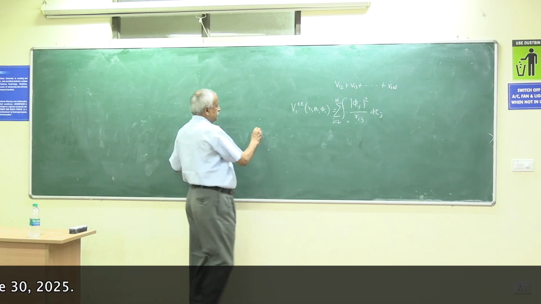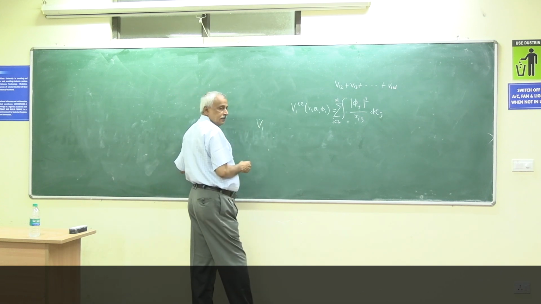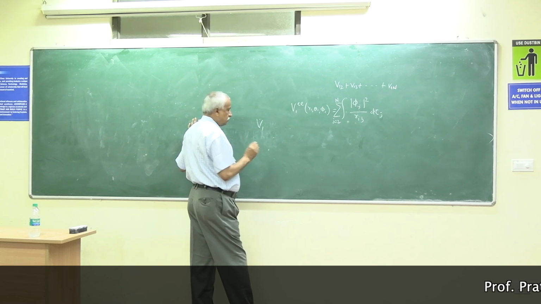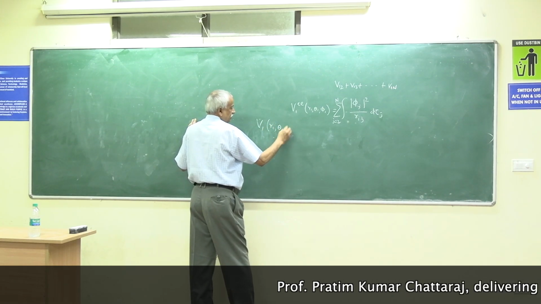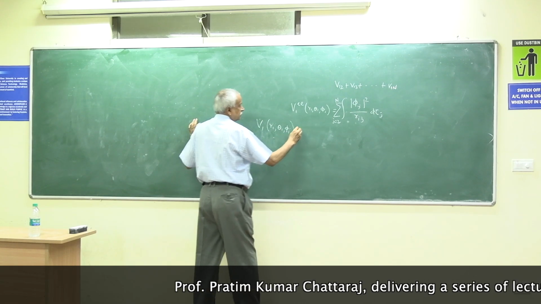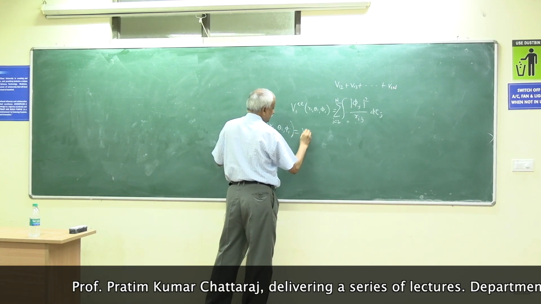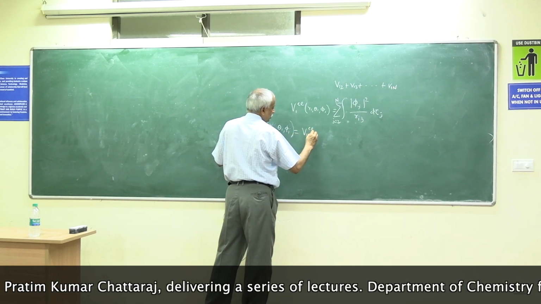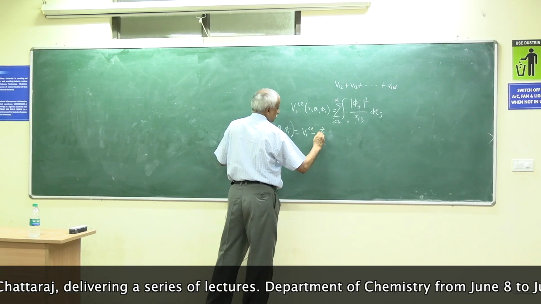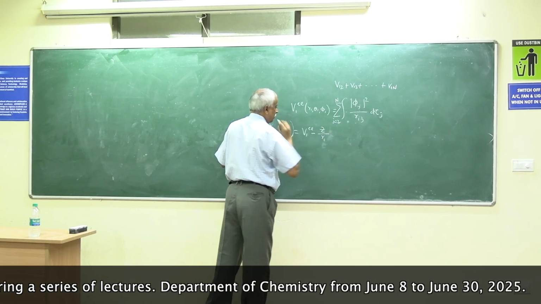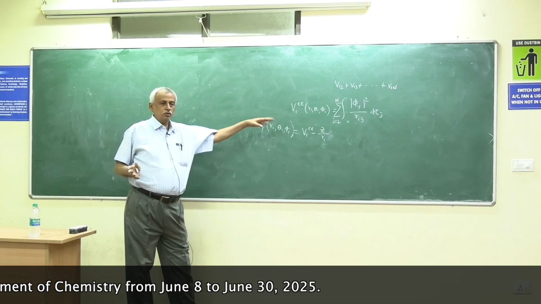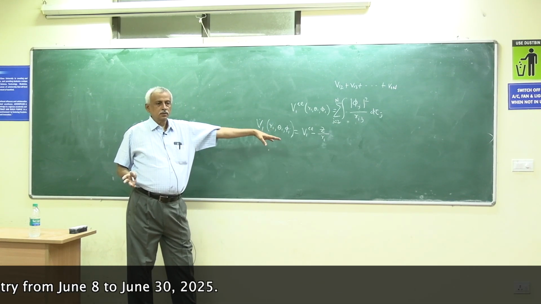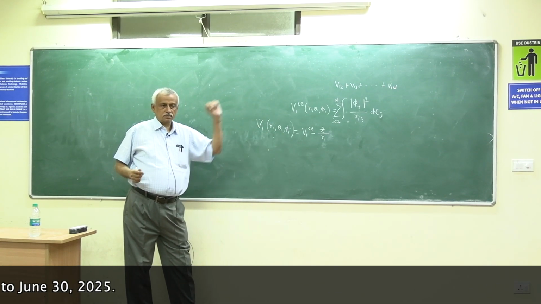That means if I call this as the V1, net potential felt by electron 1, R1 theta 1 phi 1, this would be this V1 EE minus Z by R1. That is the net potential. This total electron-electron repulsion minus electronuclear attraction.